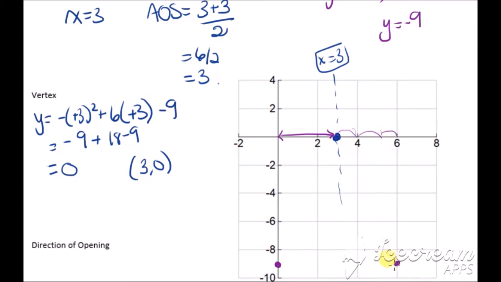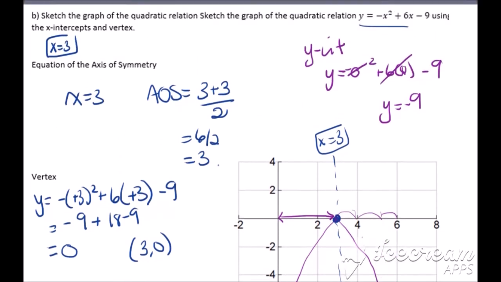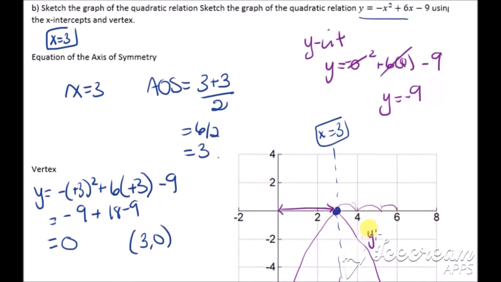And we can plot another point at negative 9. If you want, you can sub that in, or you can just use symmetry, because it's symmetric about the axis of symmetry. And this opens down. So it's a little bit of a different approach if the vertex lies right on the x-axis.